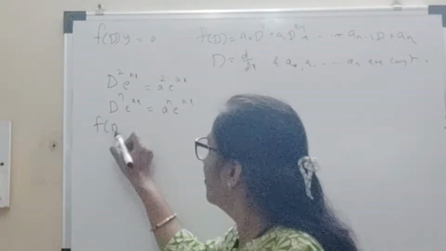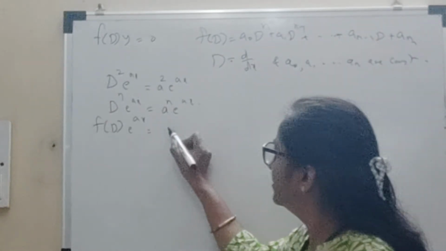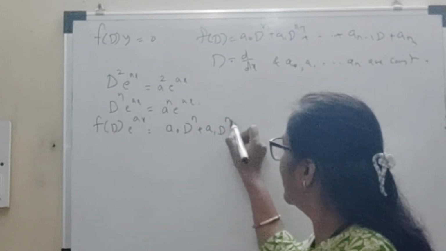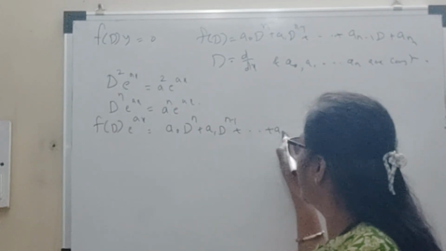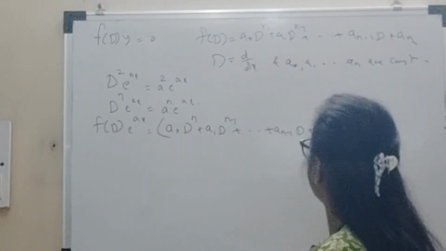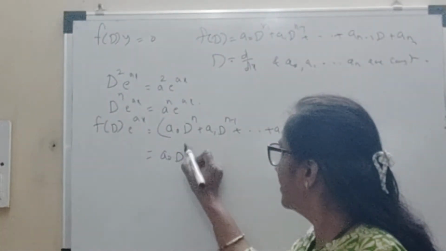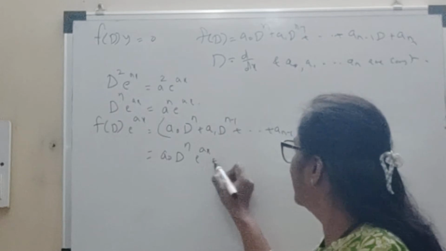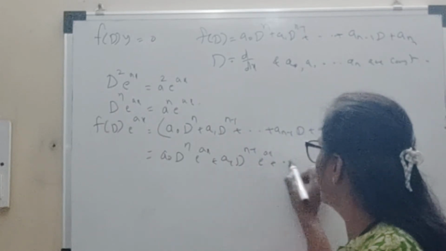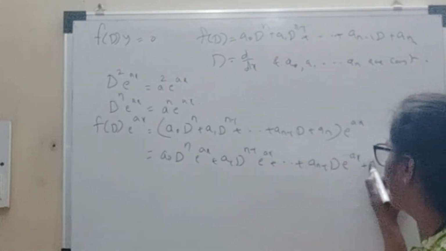So f(D) operates on e^(ax) is nothing but a0 D^n + a1 D^(n-1) + ... + a(n-1) D + an, and that operates on e^(ax). So by applying linearity, we have a0 D^n operates on e^(ax) plus a1 D^(n-1) operates on e^(ax) plus so on plus a(n-1) derivative of e^(ax) plus an.